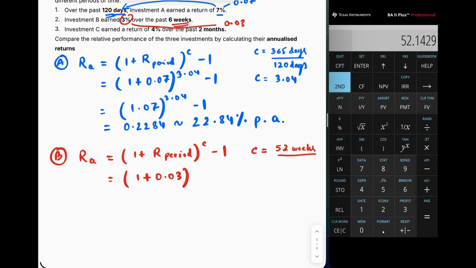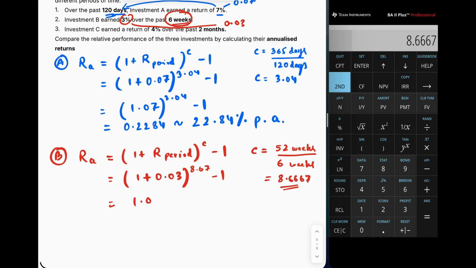divided by 6 weeks. So 52 divided by 6 is 8.6667. This many times compounding will happen in a year for this particular return. So I'll just write 8.67, minus 1.